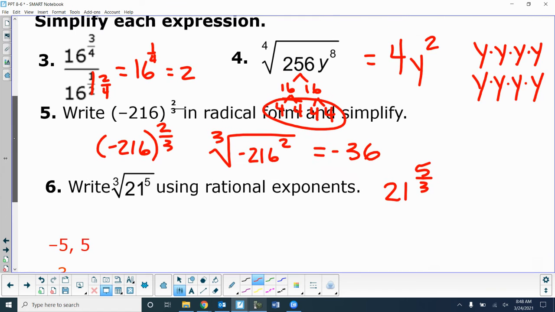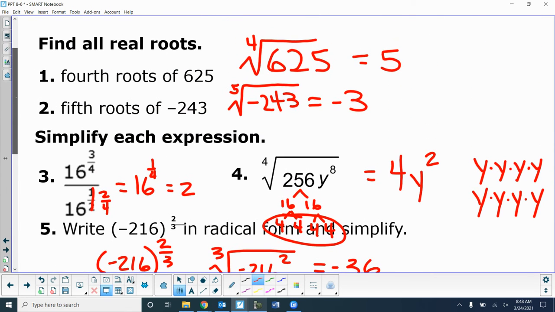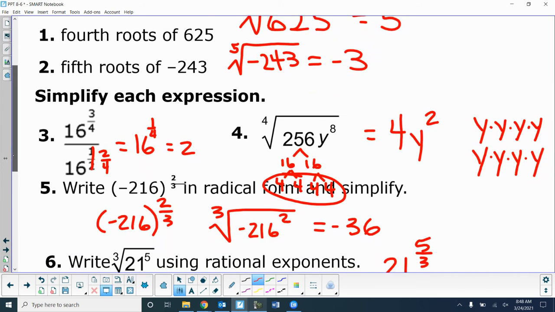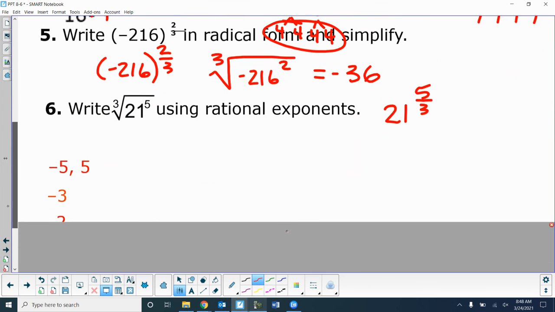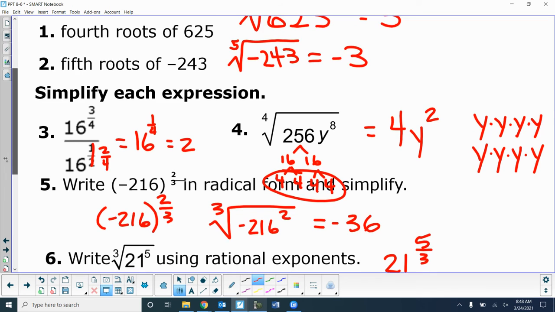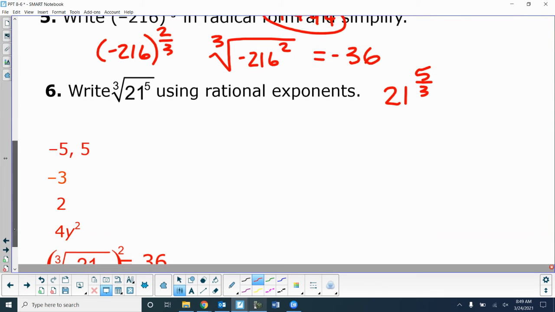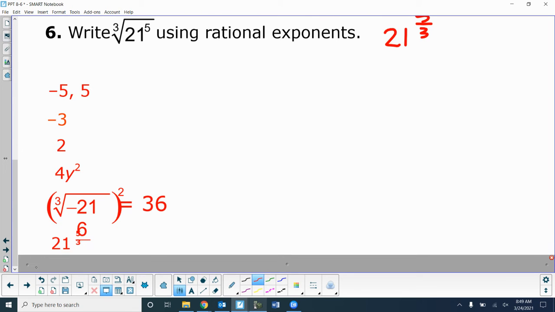Oh, we should have put that first one, since it's even, we should have put our plus or minus symbol. I forgot, my bad. All right, and then we had the negative 3, right? Got that one? The 2, the 4y squared, the 36.